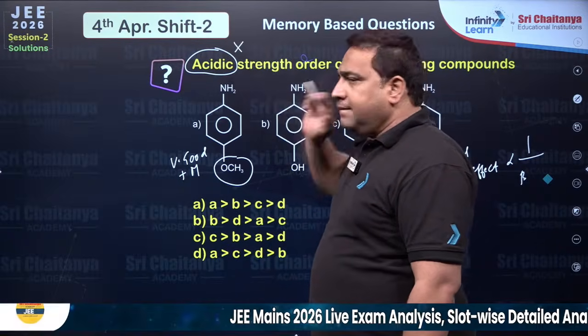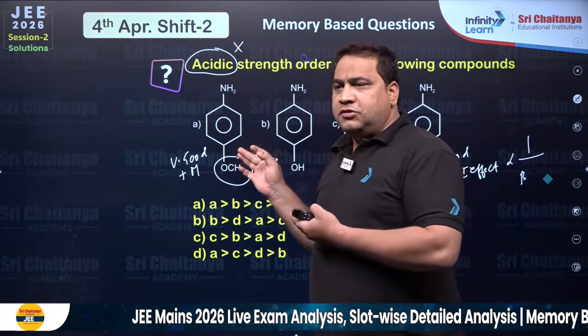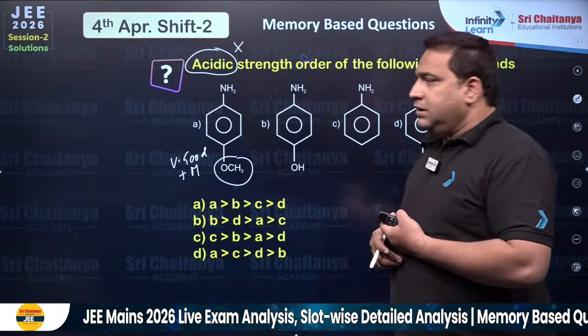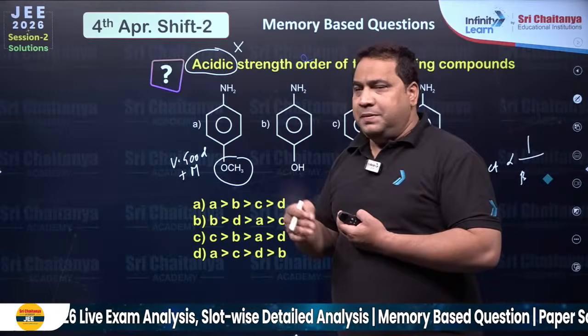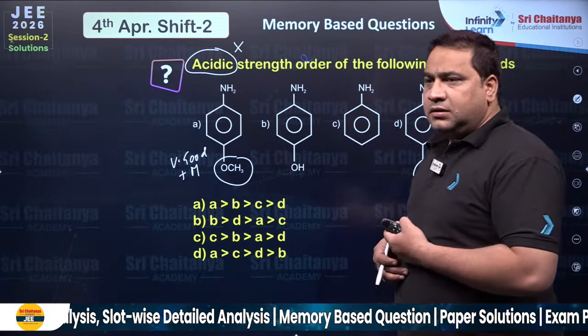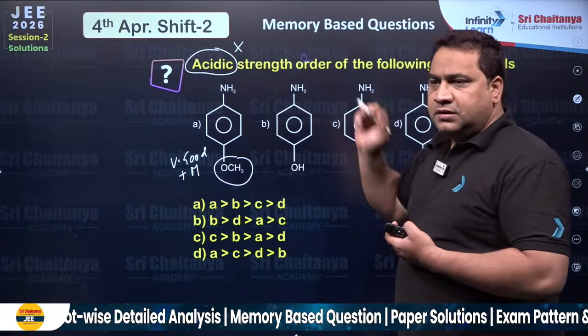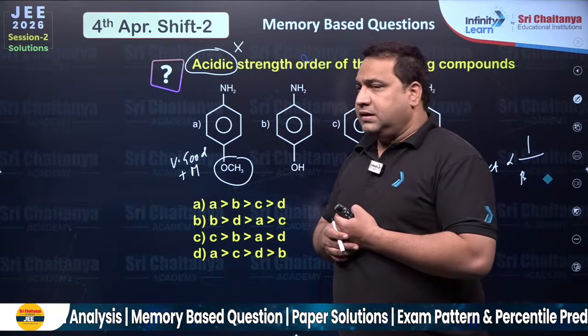Srinivas, Prasad, tell me, did acidic come in the exam or basic? Generally for these compounds he will ask basic, but here it is mentioned acidic. Please reply, anybody help me, I got stuck. Is this acidic or basic? I feel it is basic.